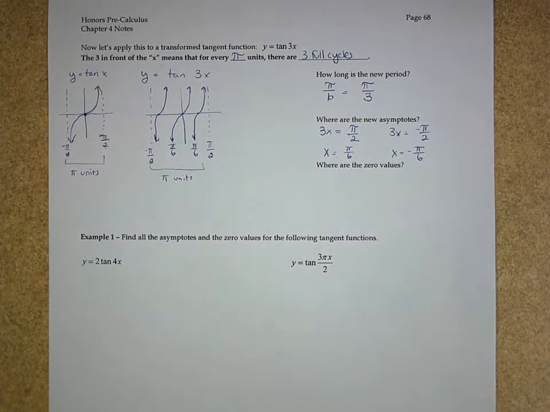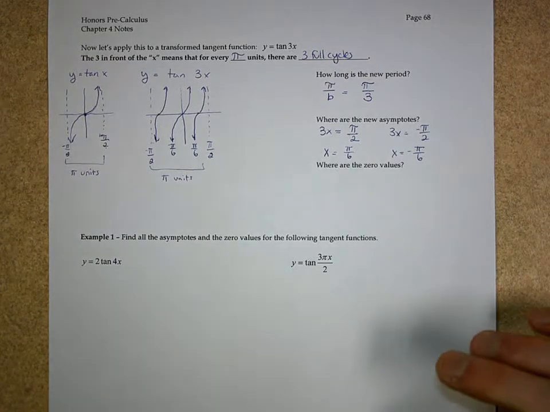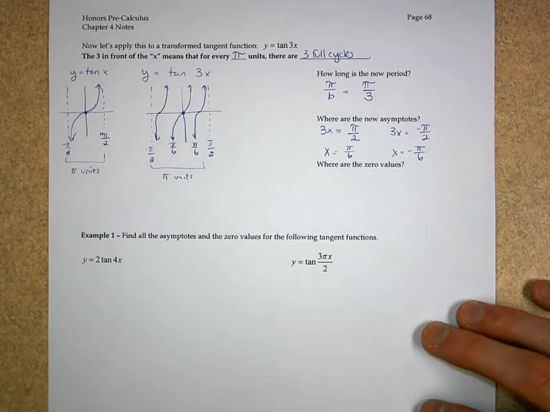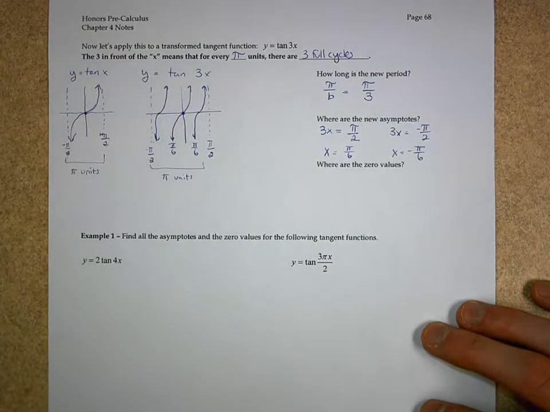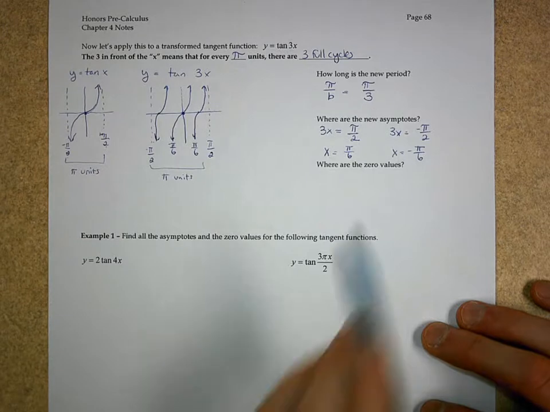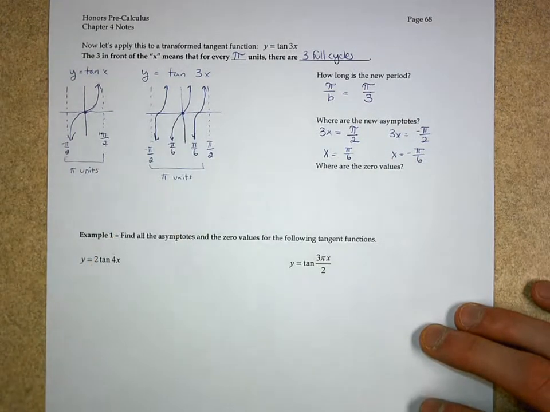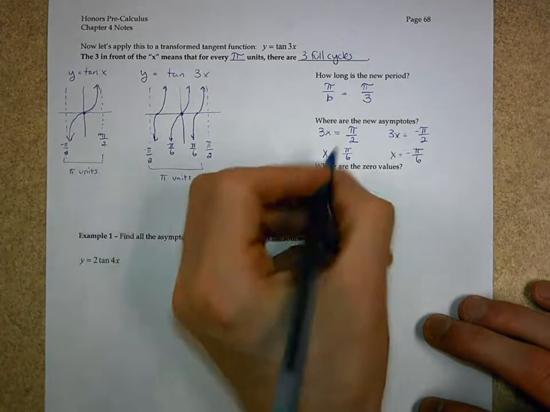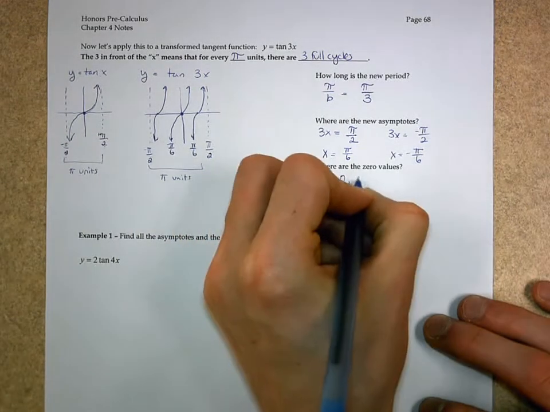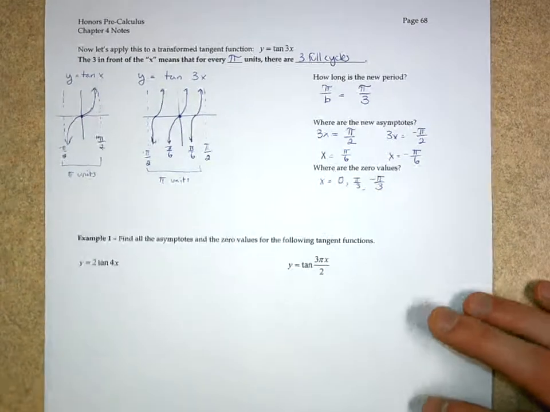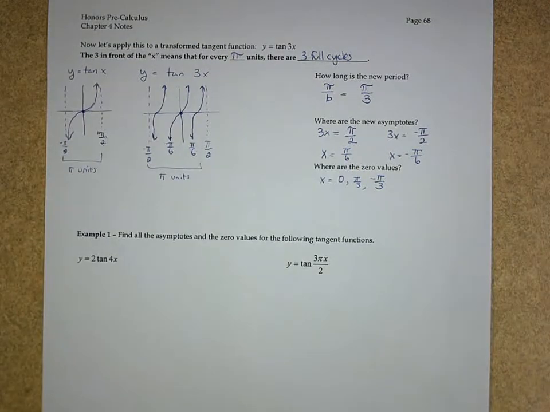The other piece then is, what are the 0 values? Well, this one we can solve pretty easily because we know that the first 0 is at 0. And if I'm going over a period of pi over 3, that means each of these has to be pi over 3 over. So the 0 values are going to be 0, pi over 3, and negative pi over 3.